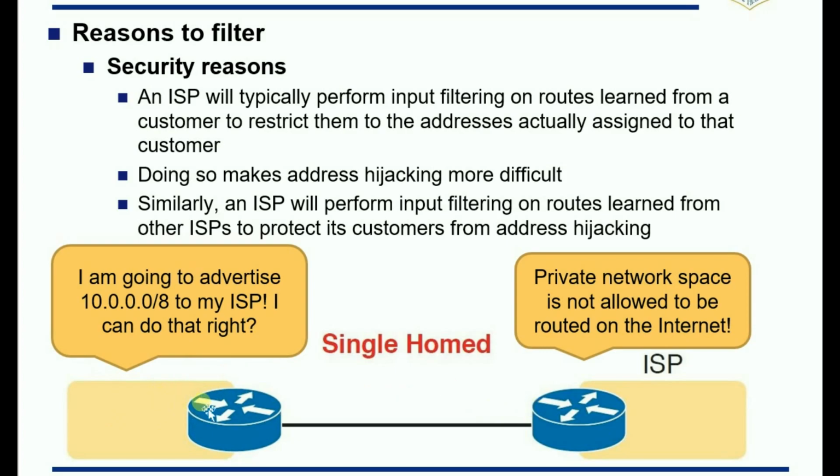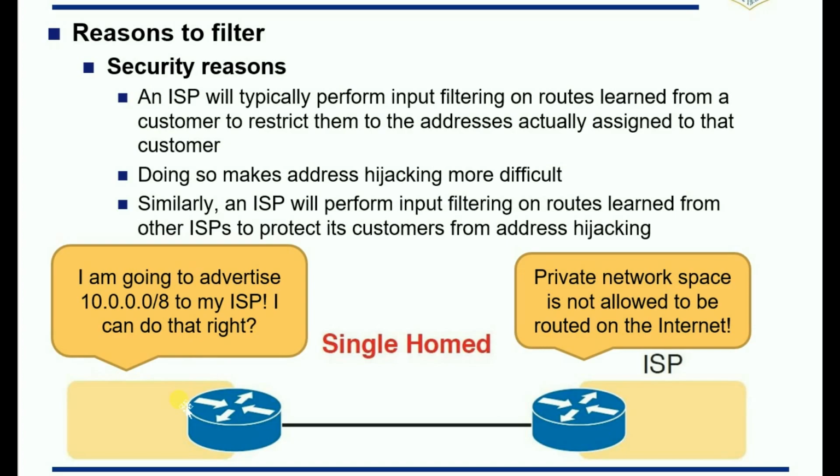My home network is allowed to use private address space from RFC 1918, and let's say I'm trying to advertise the 10.0.0.0/8 network to my ISP. My neighbor could also be running the 10.0.0.0/8 network, and let's say he's trying to advertise that to the ISP.